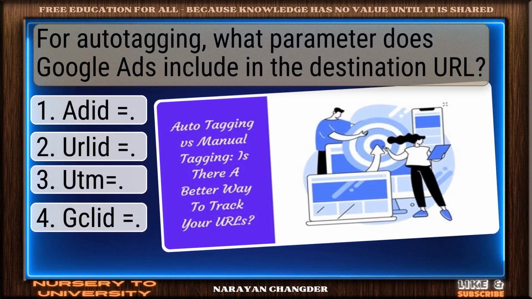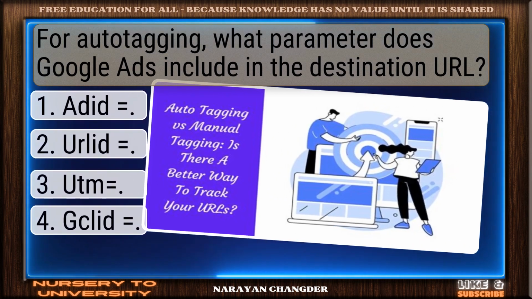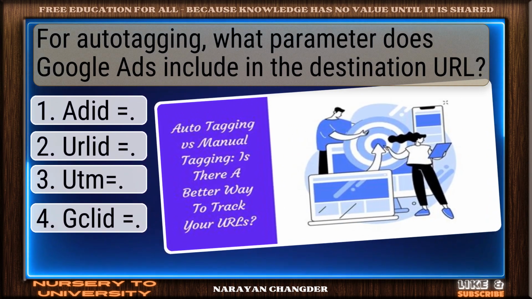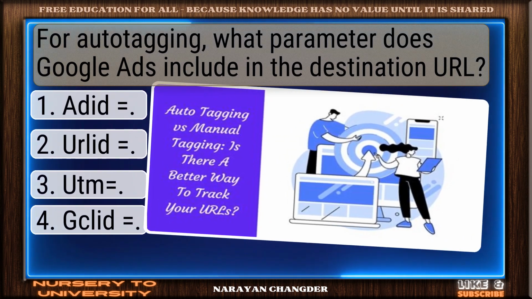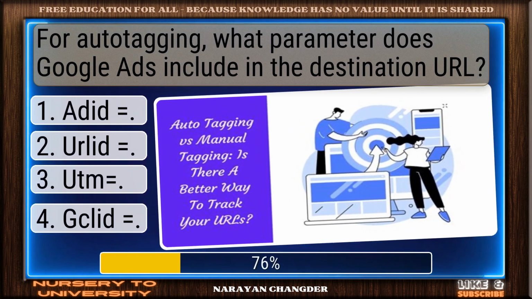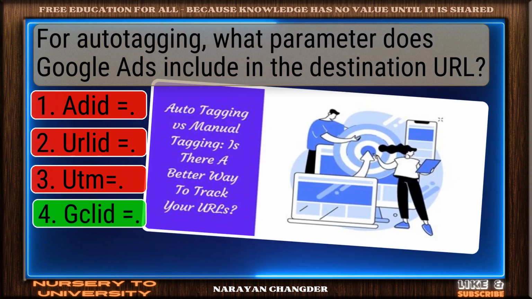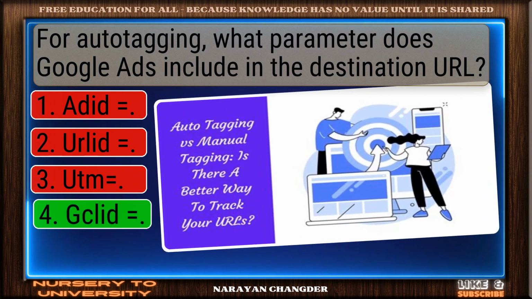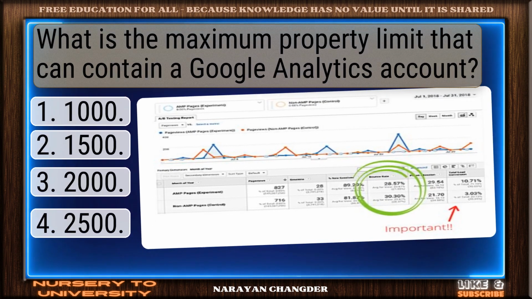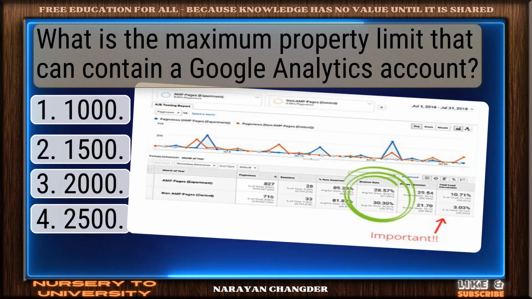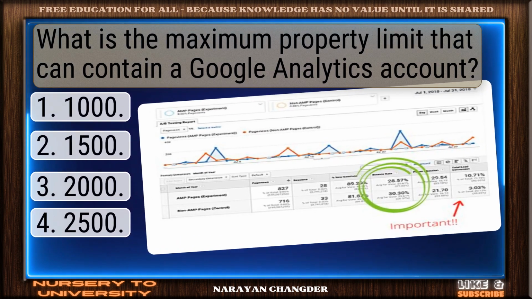For auto-tagging, what parameter does Google Ads include in the destination URL? Sharp thinking. gclid equal to is the right choice. What is the maximum property limit that can contain a Google Analytics account?